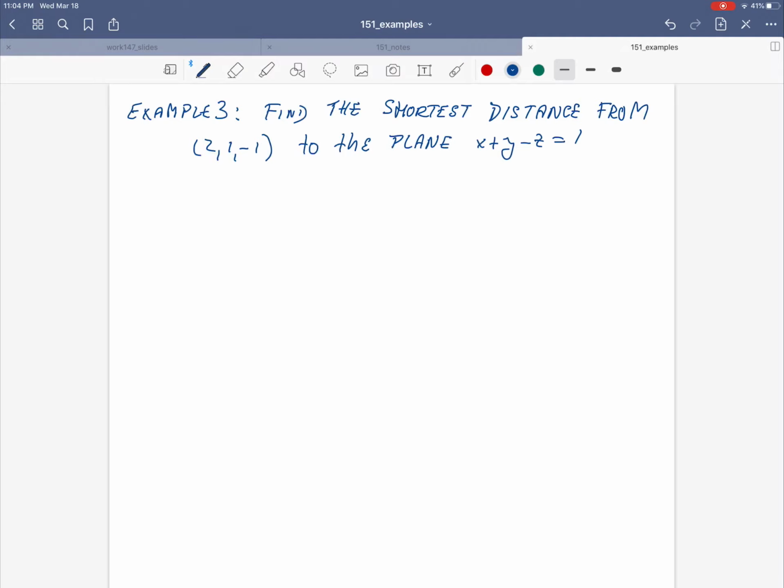Alright, so we have a plane, we have a point, and we want to find the shortest distance here.